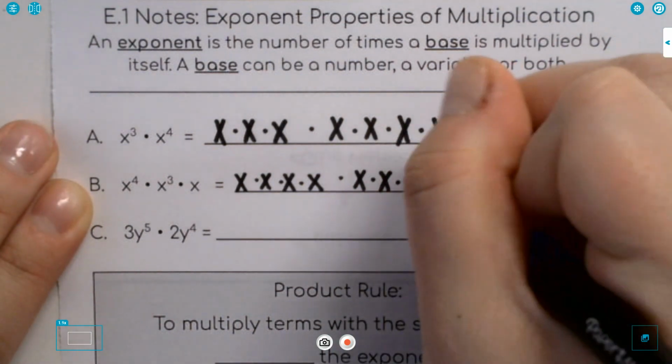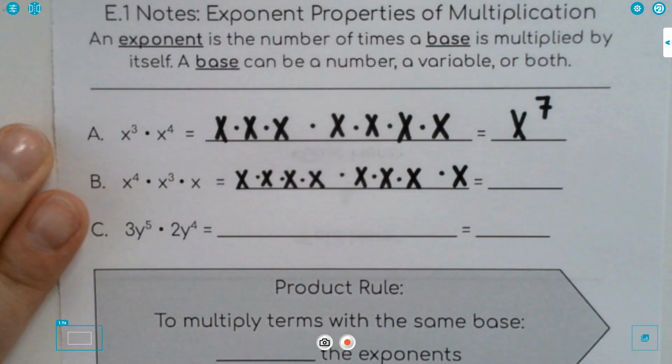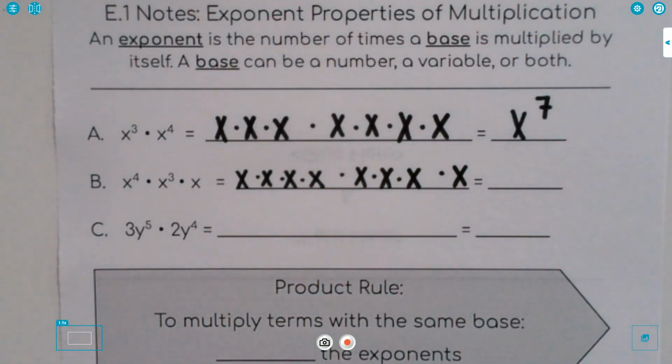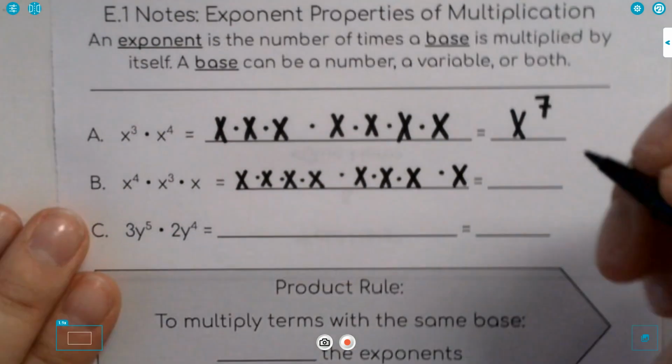And I've got one extra one at the end. Putting that all together, how many x's do I have? 8. So I've got 4, 5, 6, 7, 8 now.